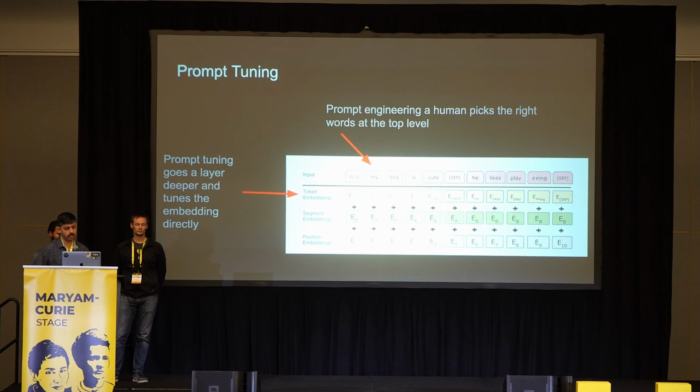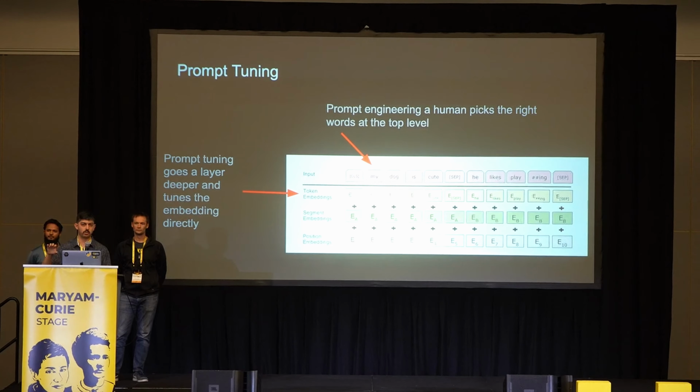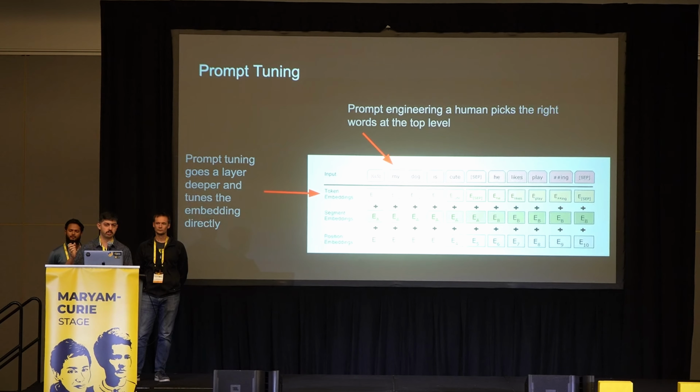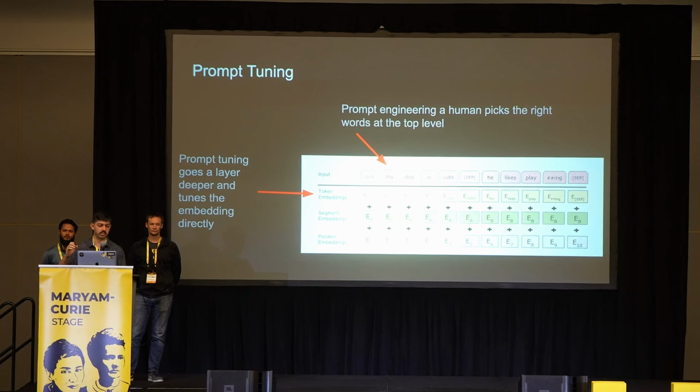So prompt engineering is that first layer of, I'm going to optimize the words. I'm just going to change the question that I'm asking the model, and prompt tuning is going one layer deeper. Those words are actually turned into embeddings at the next layer, and those embeddings are a bunch of numbers. And so we can just vary those numbers in order to get exactly the right question that we want.